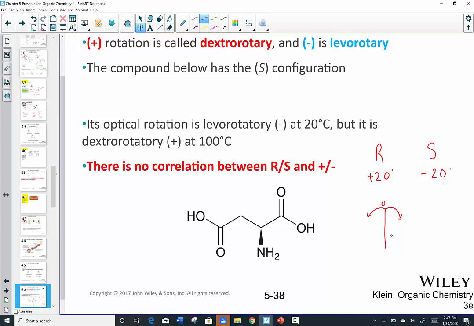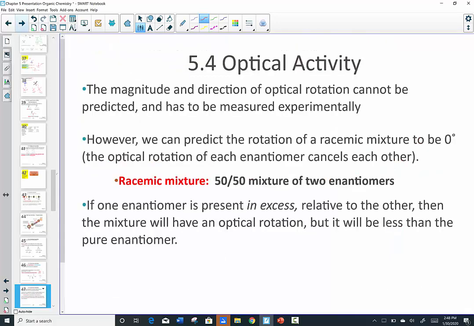Chiral carbons are optically active. I have no correlation in knowing if an R will be positive or negative, if it will be dextrorotary or levorotary, but I do know that if I can figure out what one is doing, I can determine what the other is doing by opposites. The magnitude and direction of optical rotation cannot be predicted, but has to be measured experimentally.